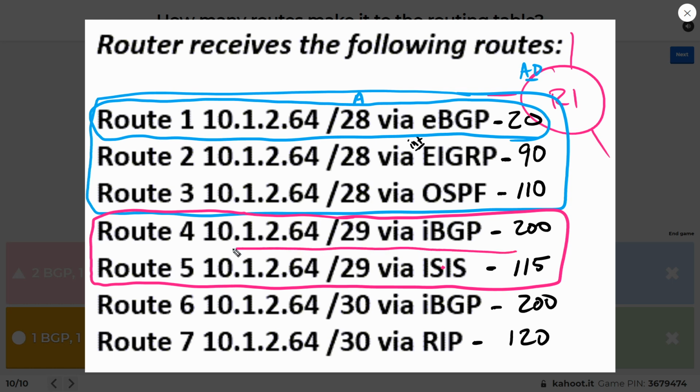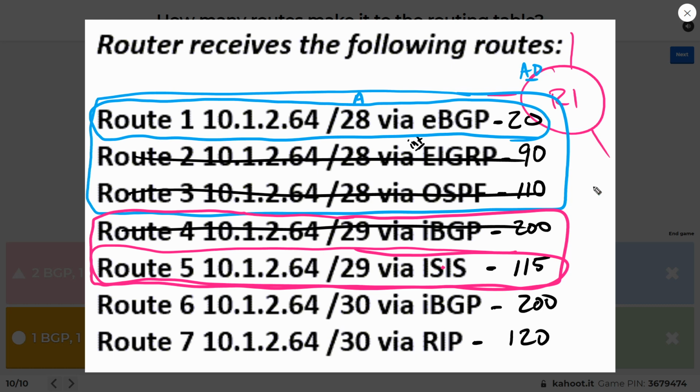And that would bring in route 5. I'm just going to cross out with black here. I'm going to cross out this one and this one and this one. All right, let's call this group B.